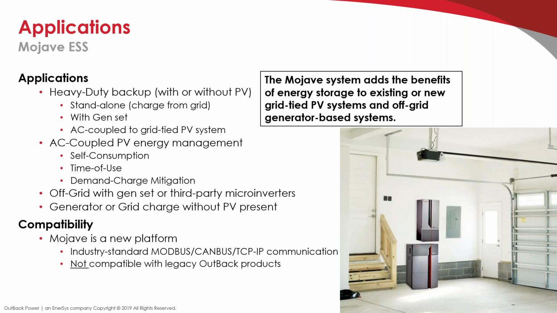You basically just mount this thing in the garage, take the AC PV inverter and wire that into the protected loads panel that you're wiring the output of the Mojave into, and you're basically good to go. So we offer your standard energy management stuff.